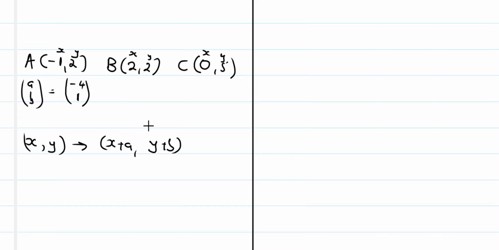So from there, we can of course start getting our translated coordinates, and we can start with A. We already have x plus a, and we already know x is -1, and our a is -4.